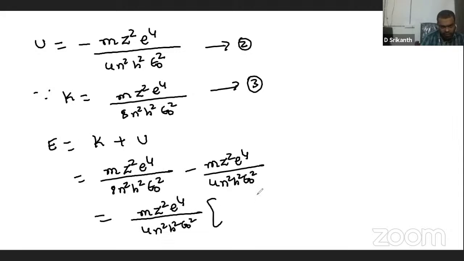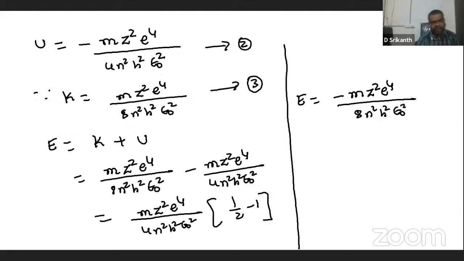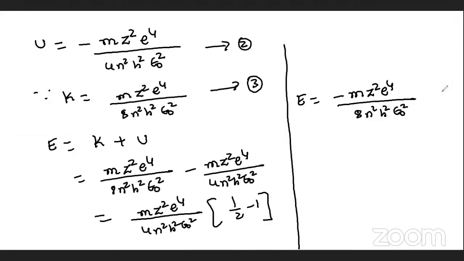Take common 1 by 2 minus 1. So total energy E is equal to 1 by 2 minus 1, I can write as minus 1 by 2, minus mZ square e power 4 divided by 8 n square h square epsilon naught square.